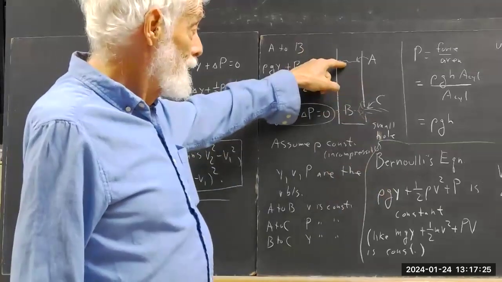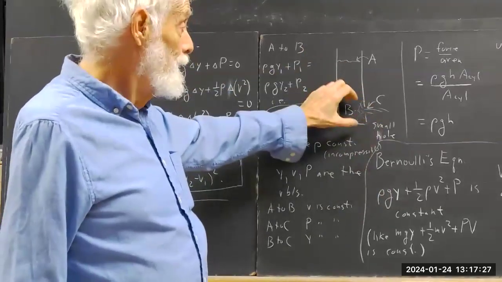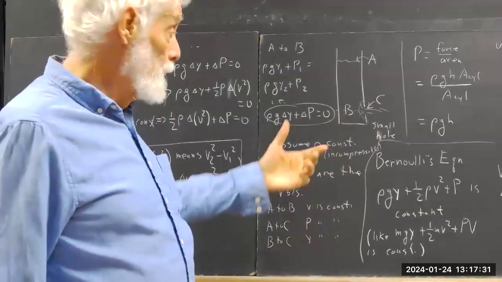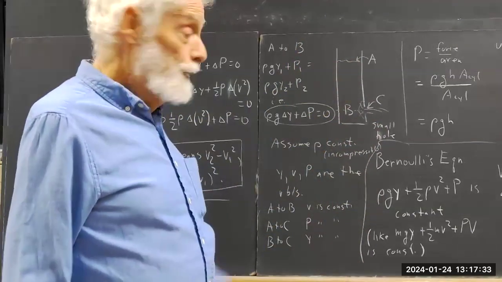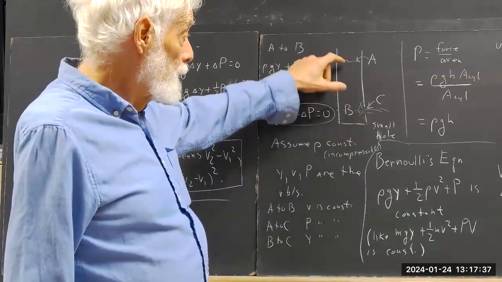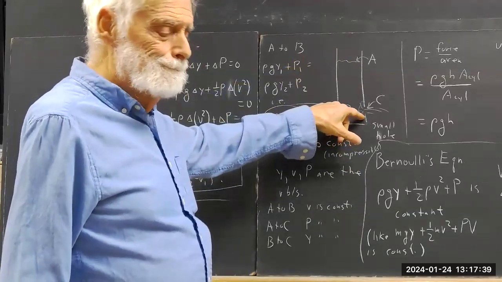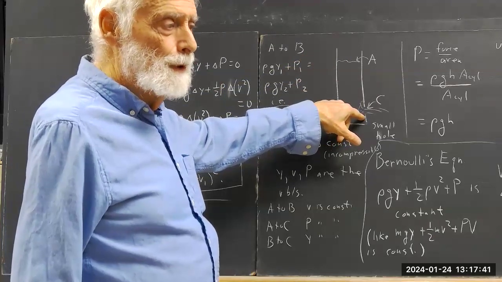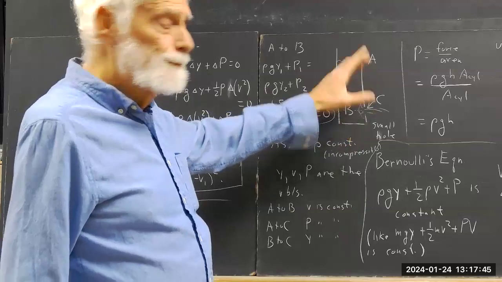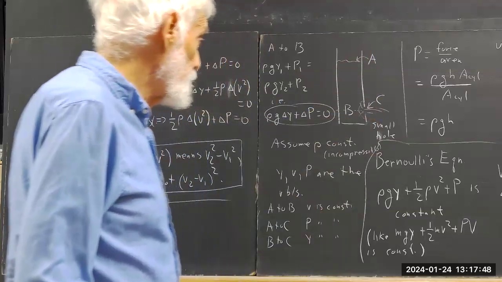Well, this is slower than this, unless this hole is really big. It's still going to be a little slower. If it's a small hole, then this is much, much slower than this, and the velocity of the fluid up here becomes insignificant, especially since you're squaring it. We'll work out some examples to see.